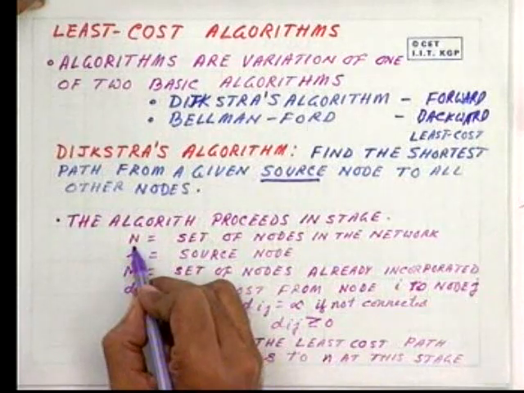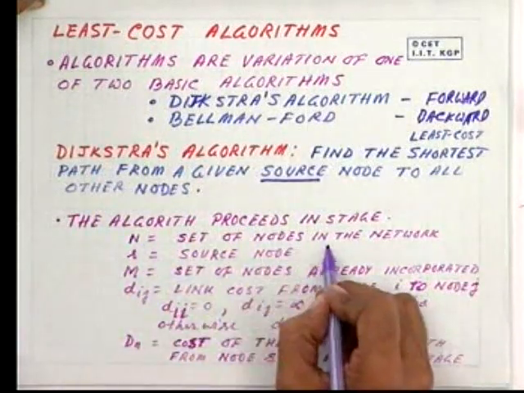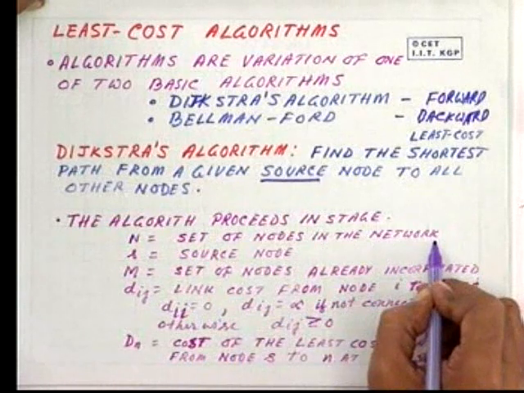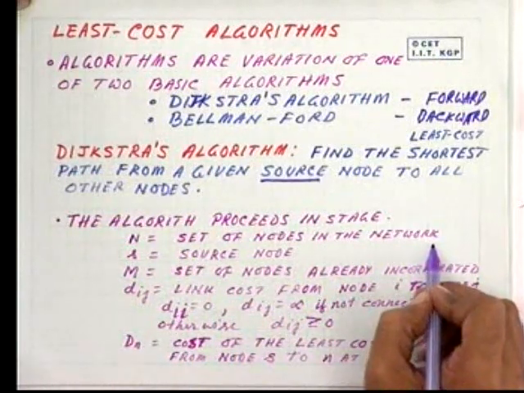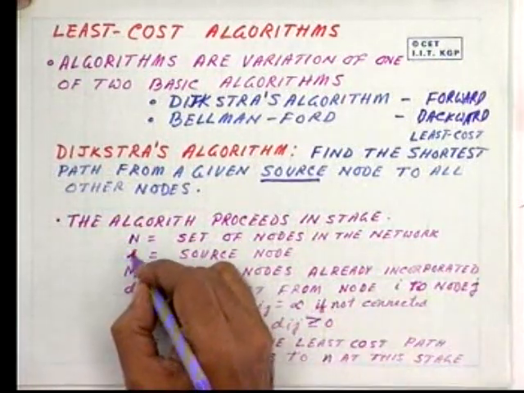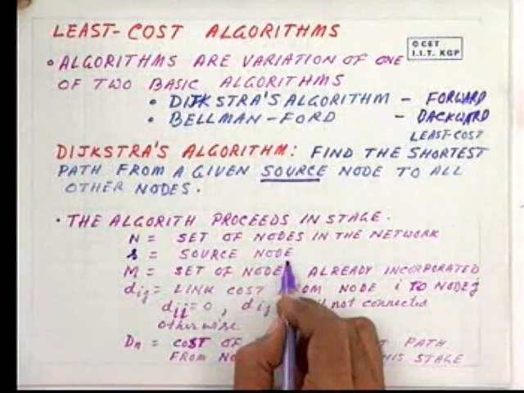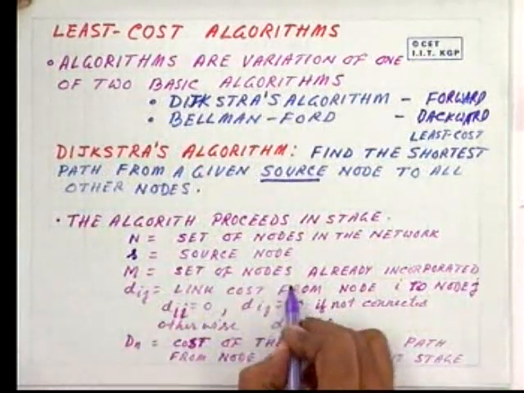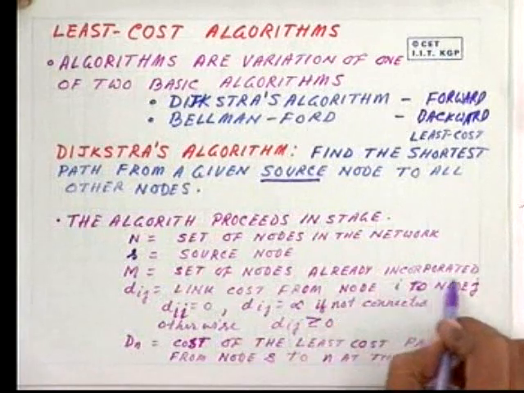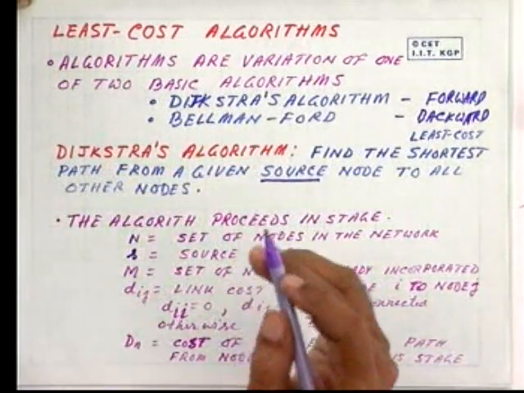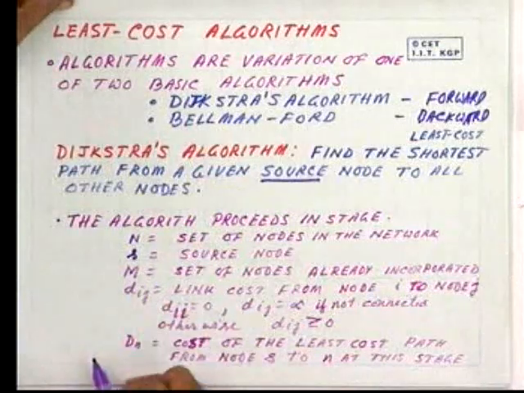Here we are defining capital N as the set of nodes in the network. In our example, we have 6 nodes, and S is the source node. M is the set of nodes which have been already incorporated at a particular stage of the algorithm. Since it is proceeding iteratively, it will initiate with only the source node, and gradually this M will be built up.